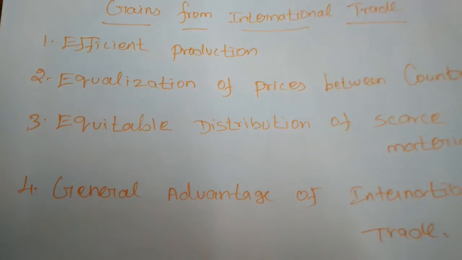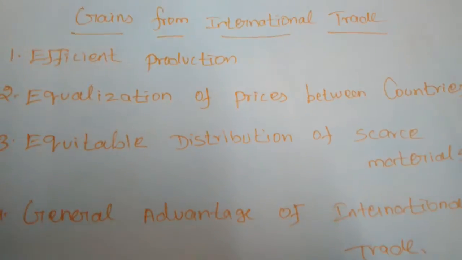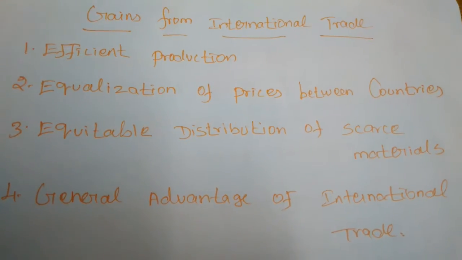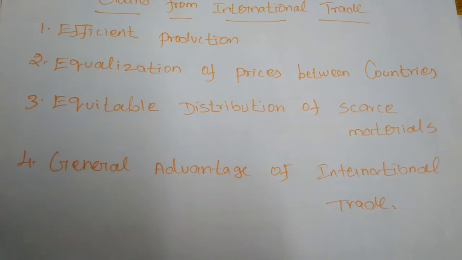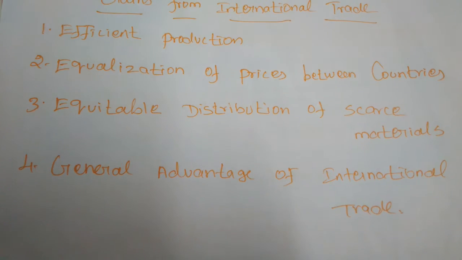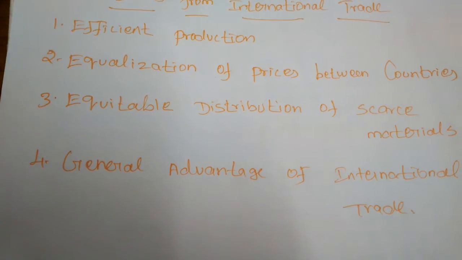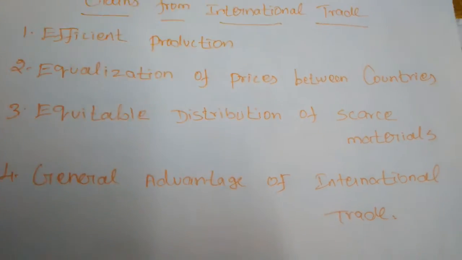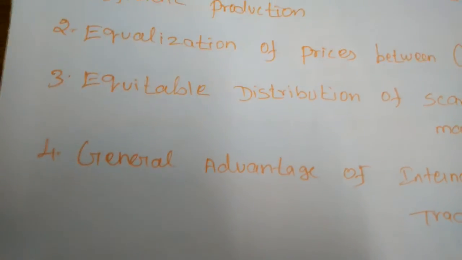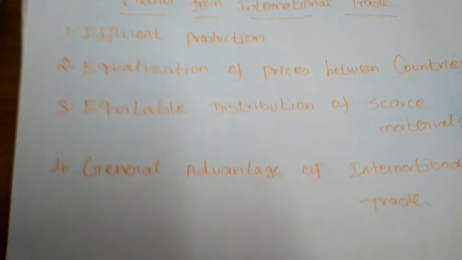If any of the nations is thinking that producing the commodities domestically is better than importing the same commodities from the other nations, it will use the comparative cost advantage. Next, saving in time.